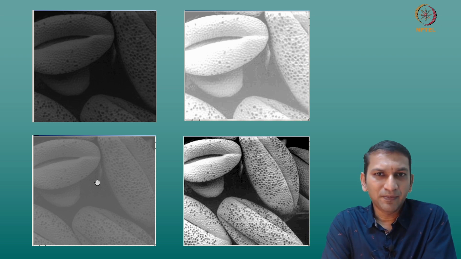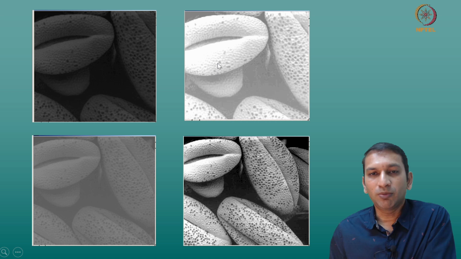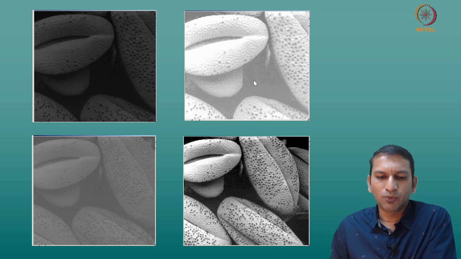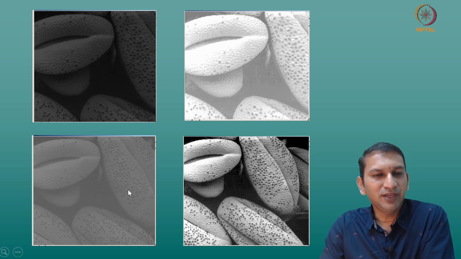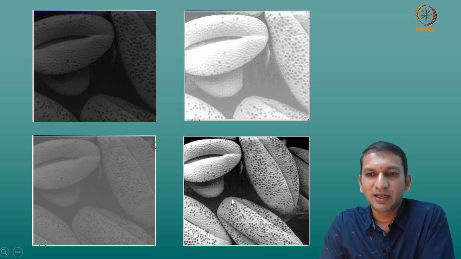If you wonder why, the one on the leftmost on top, you see that it's largely dark. The one on the top right seems as if it is overexposed, and the one on the bottom left is somewhere in the mid-range, and clearly the one at the bottom right is quite clear.